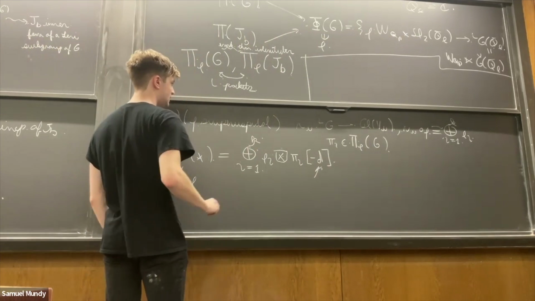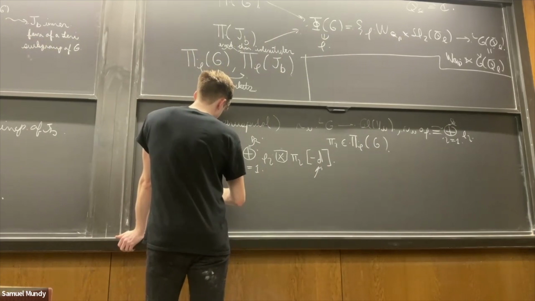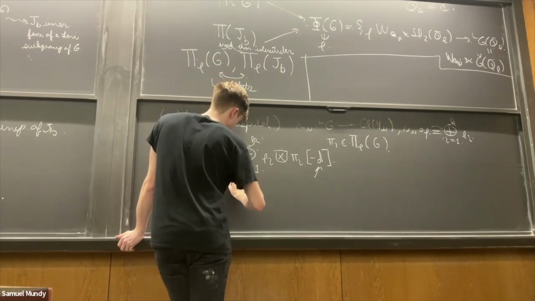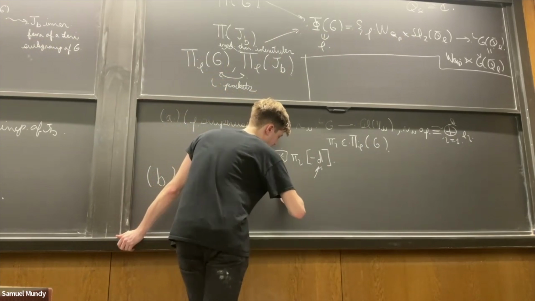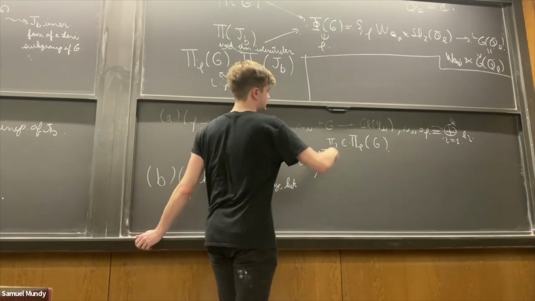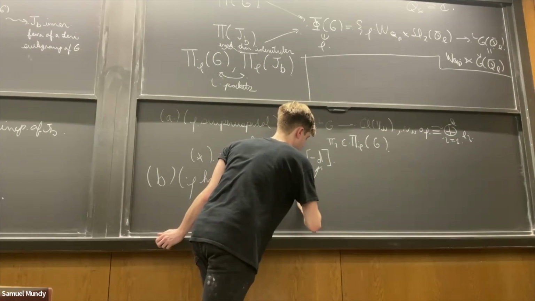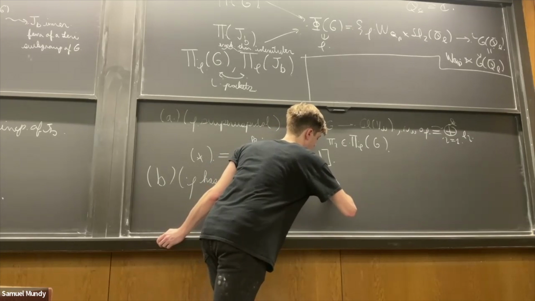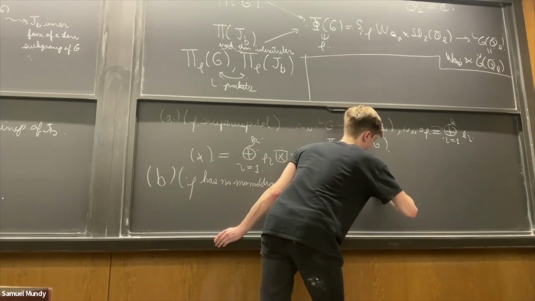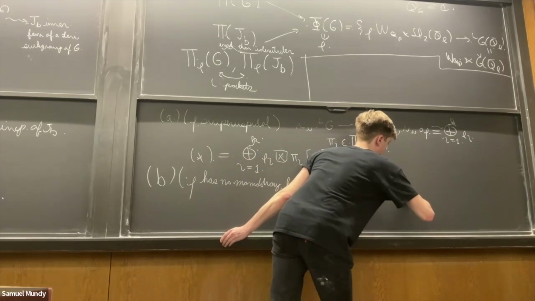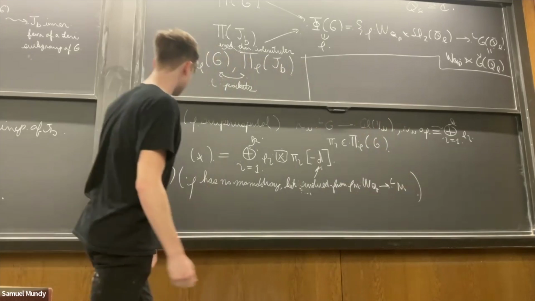So case B I'm going to tell you about is when phi has no monodromy, but it's not discrete. That means it factors through some Levi subgroup, induced from some parameter factoring through a Levi subgroup of this.